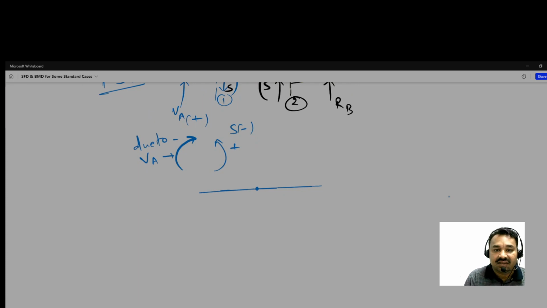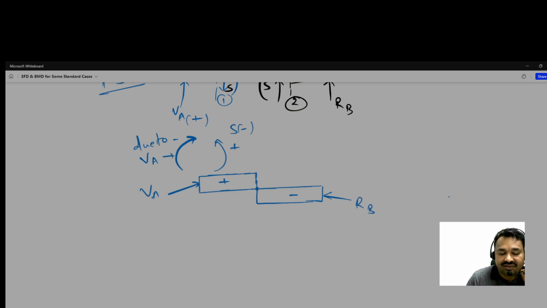Due to the force it will try to slide, okay, and from here to here it is a constant value, and a plus due to calculation we got this, minus from the calculation we got. This one is actually VA, this is actually the RB reaction, okay, and this side and this side both are same.